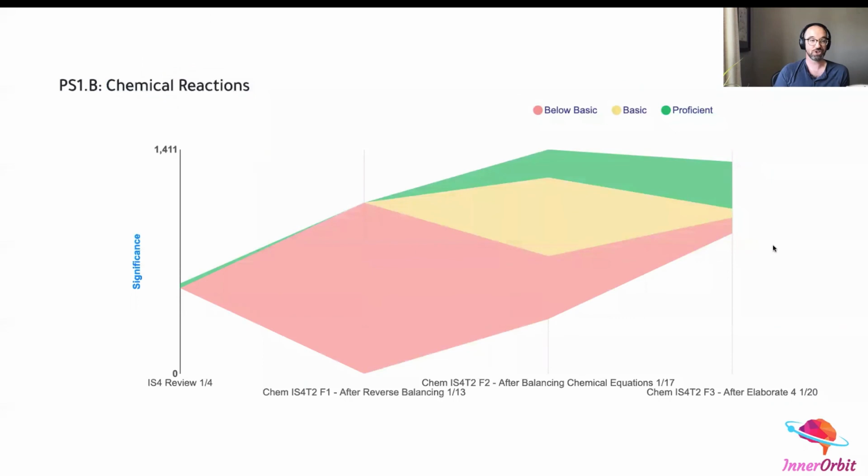We also have these longitudinal reports. So ideally that data is tracked from the beginning of a school year through multiple school years, and you can look at the progress of groups of students over the course of a lesson sequence, a unit, or an entire school year, or multiple years, because it's all tied together. So we do this for DCIs, SEPs, and cross-cutting concepts.